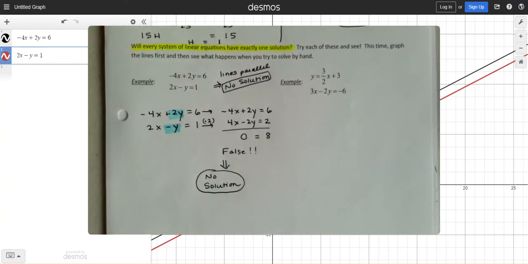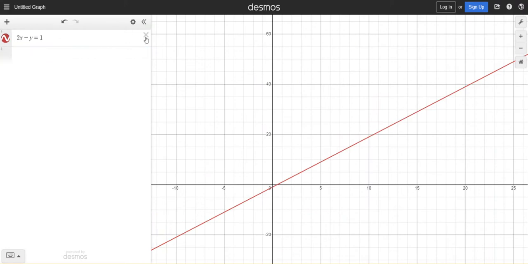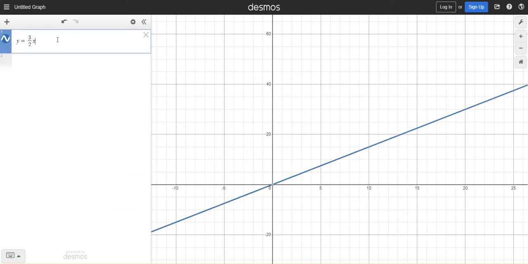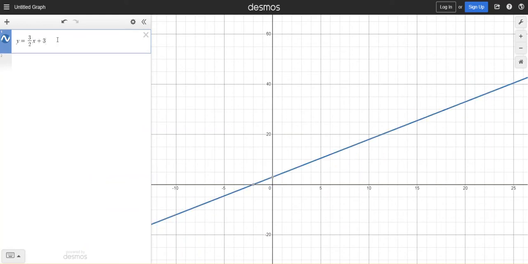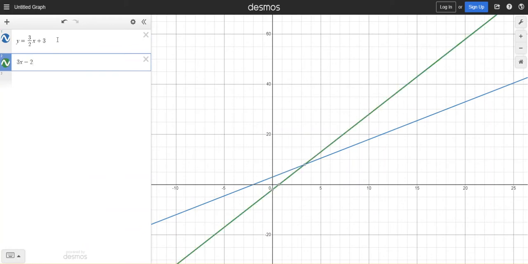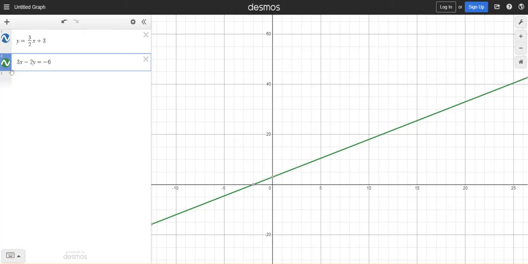All right. Let's see what happens in the second example. Again, I'm going to start with Desmos. I'm just going to type them both in and see what we get. So there's my first line. And the second one, oops, good thing I'm almost done.